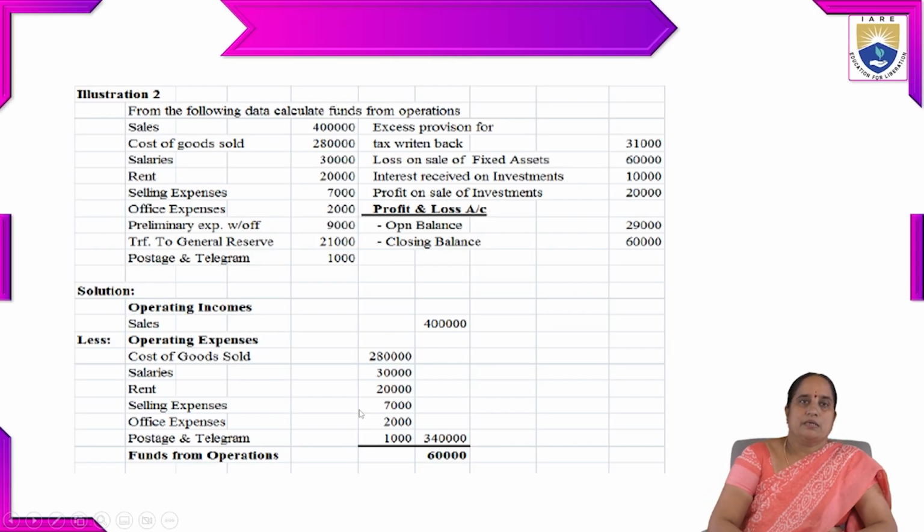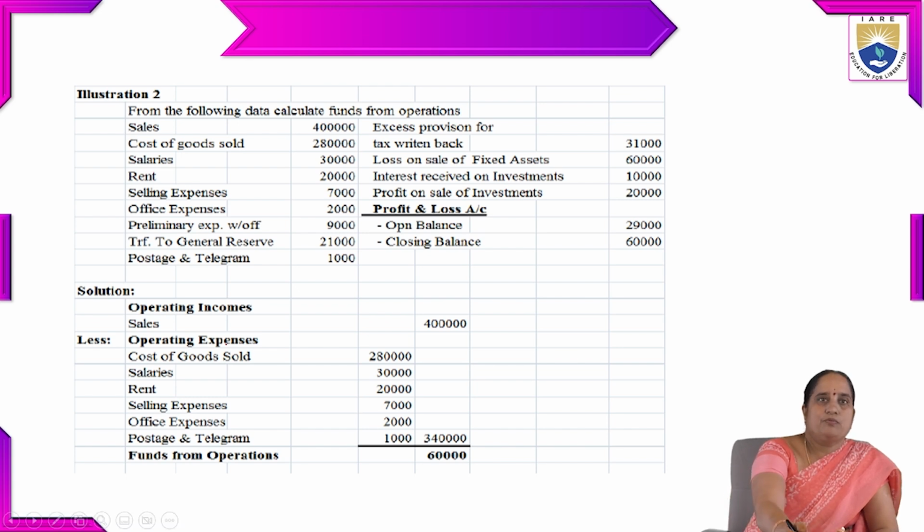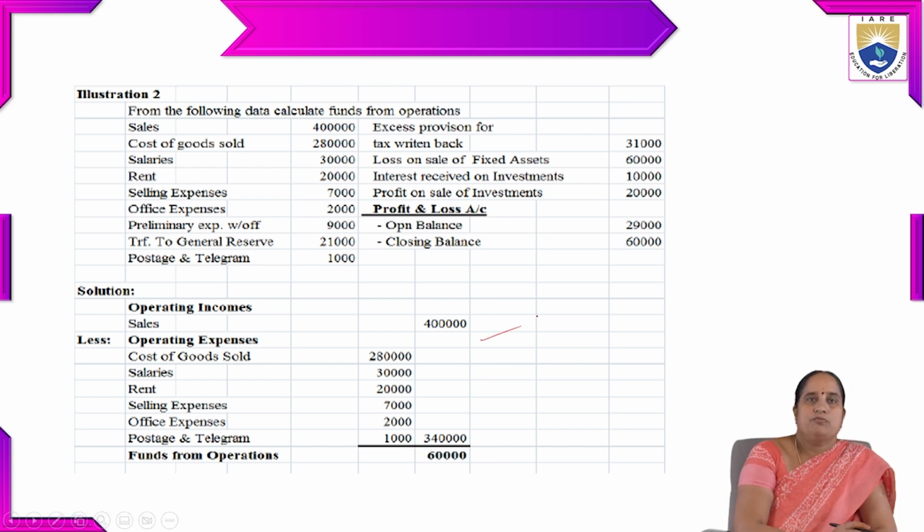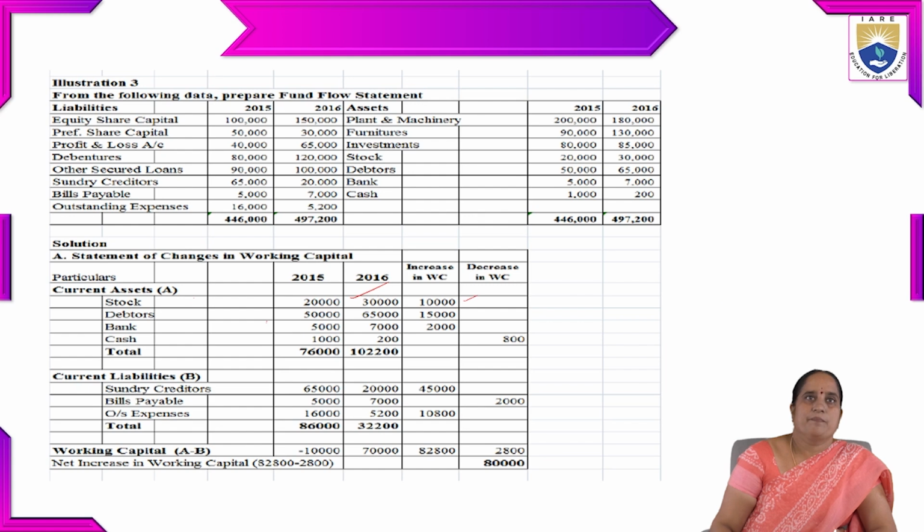So by considering this, first find out the operating income, which is given in terms of sales. From that, we have to subtract operating expenses, which include cost of goods sold, salaries, rent, selling expenses, office expenses, postage and telegram. Then we get the funds from operations.